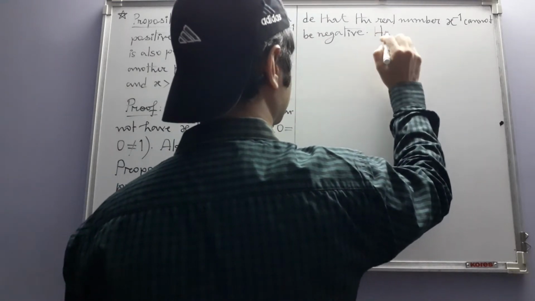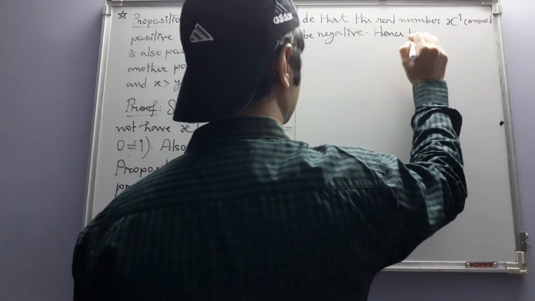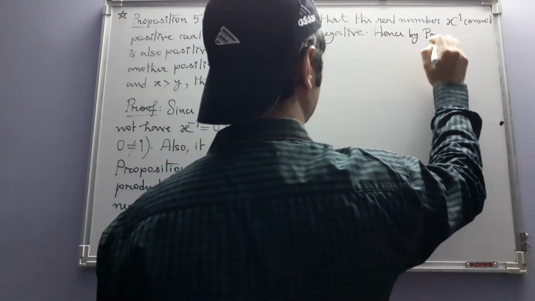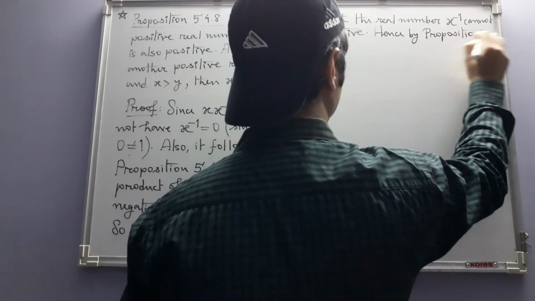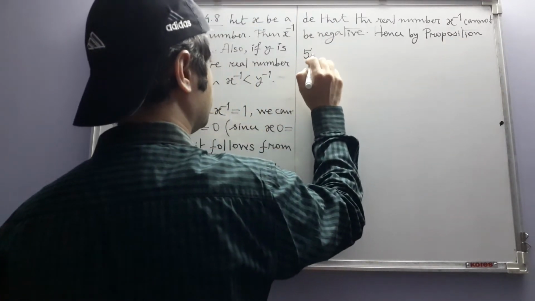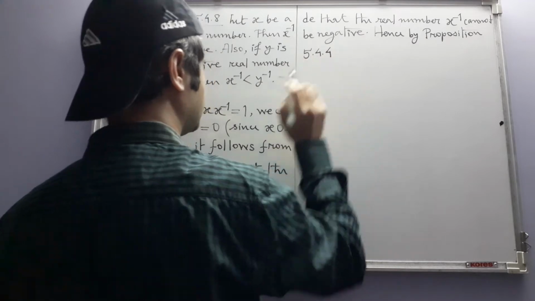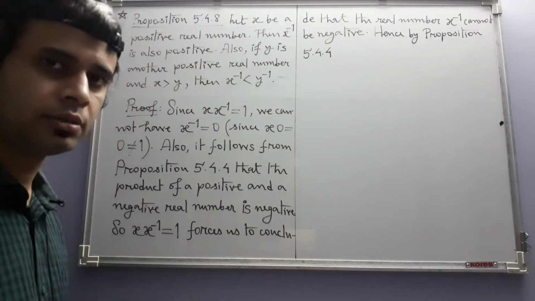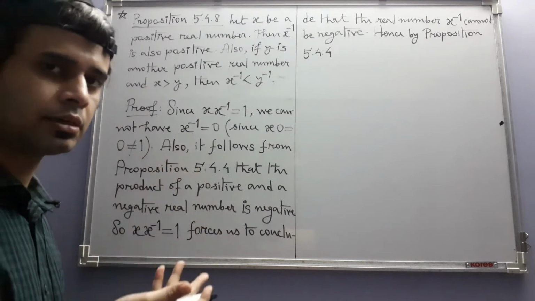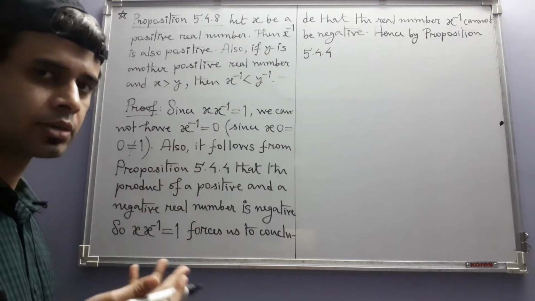Hence, by proposition 544, again another part of this proposition which says that the order relation we have defined in the set of real numbers satisfies trichotomy.